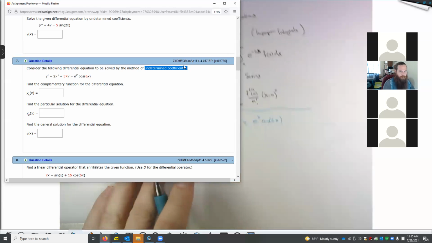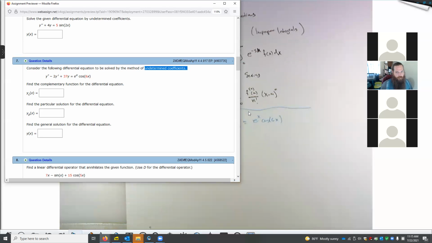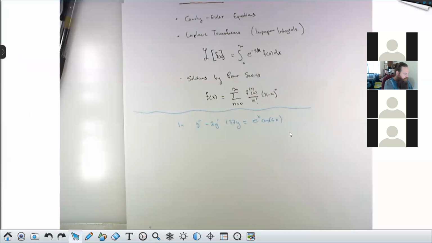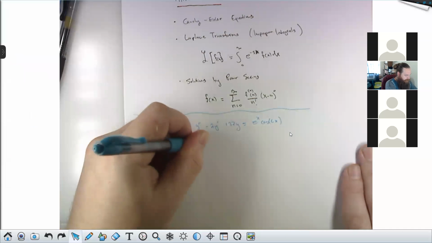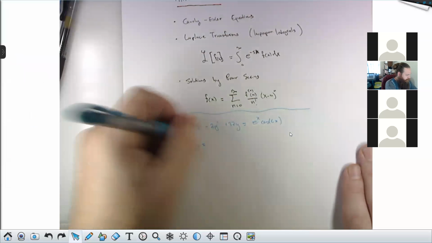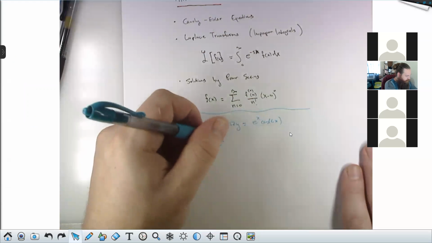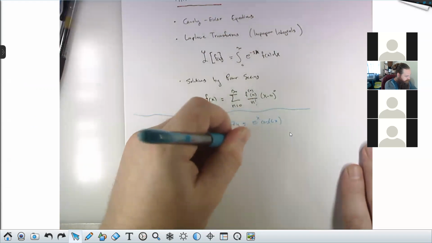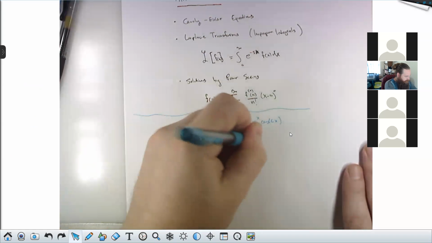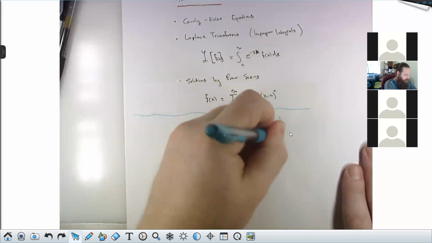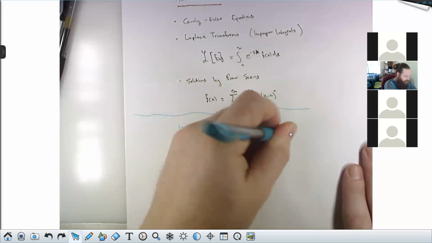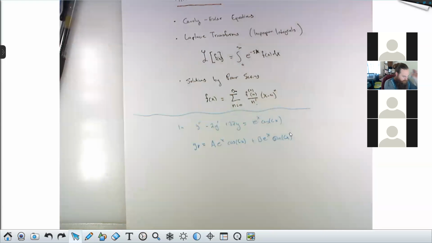So if we have a right-hand side of e to the x cos 6x, then we would want to guess that yp is of the form a e to the x times cos 6x plus b e to the x sine 6x, right? And that's assuming that we don't have anything looking like that in our complementary solution.